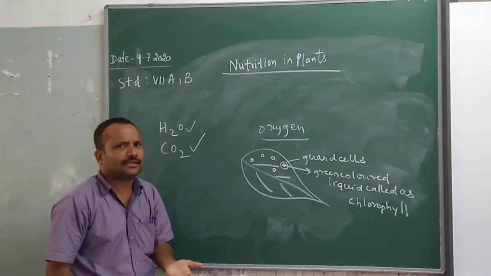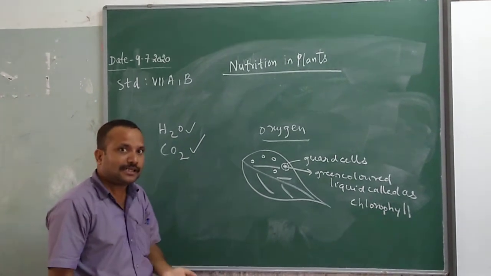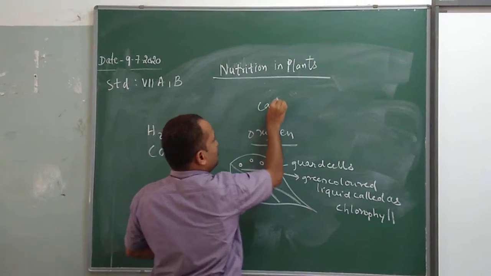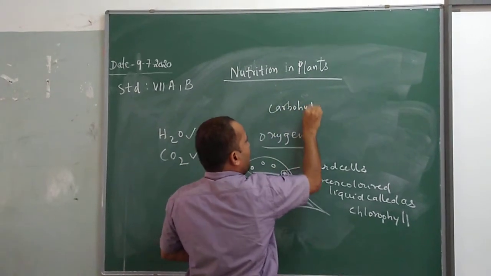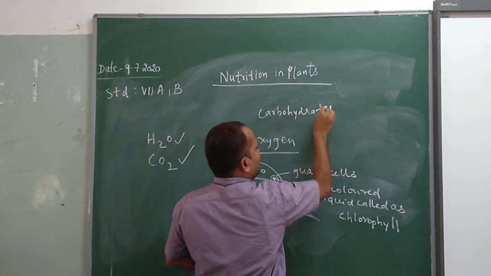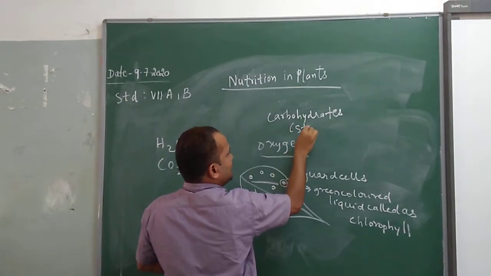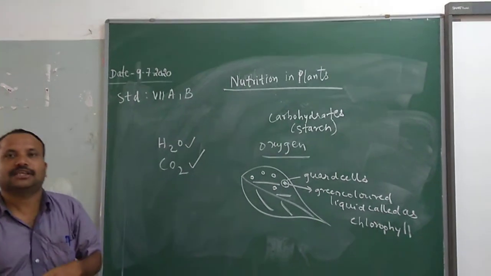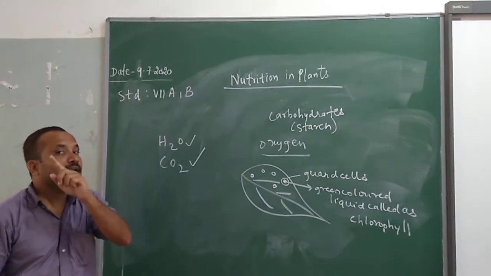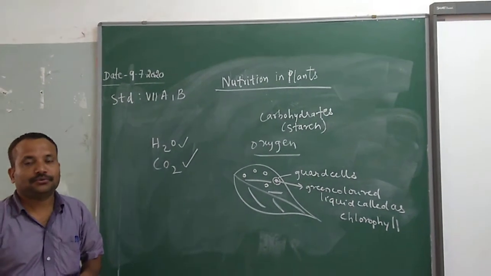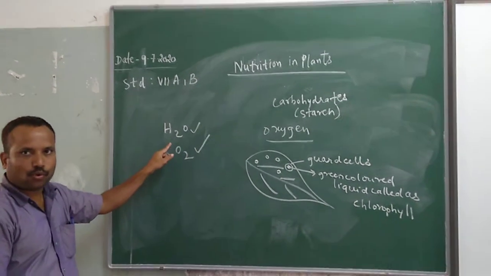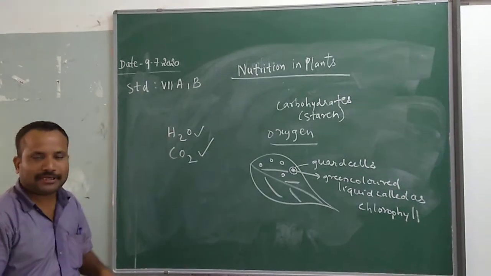We get a product called food, which is manufactured. That food is nothing but carbohydrates, which means starch. Carbohydrates are manufactured in the leaf with the help of water, H2O, and CO2, carbon dioxide.